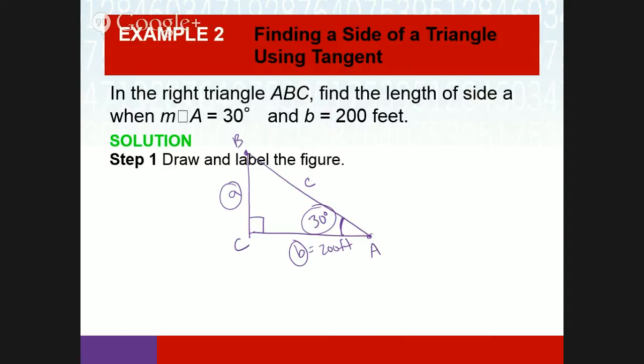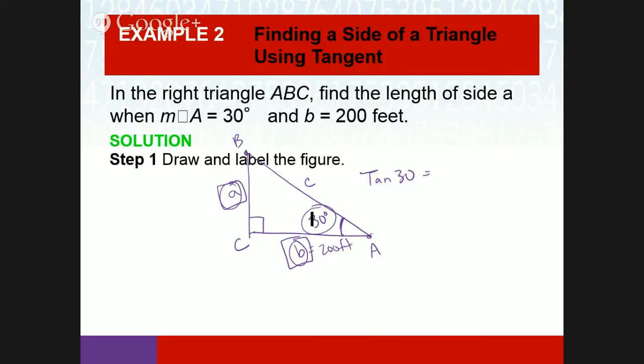And you can use your calculator on these and we'll get there. So what trig function is involved that's going to involve both A and B? Tangent.